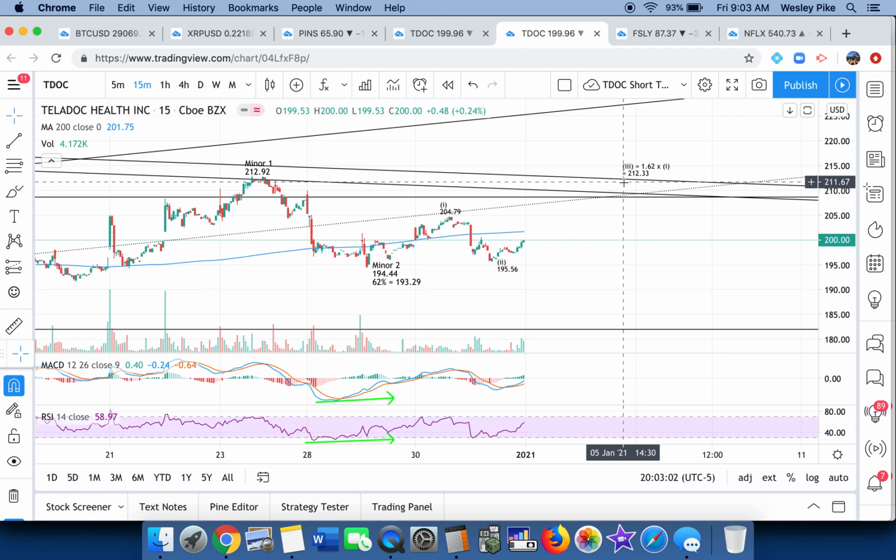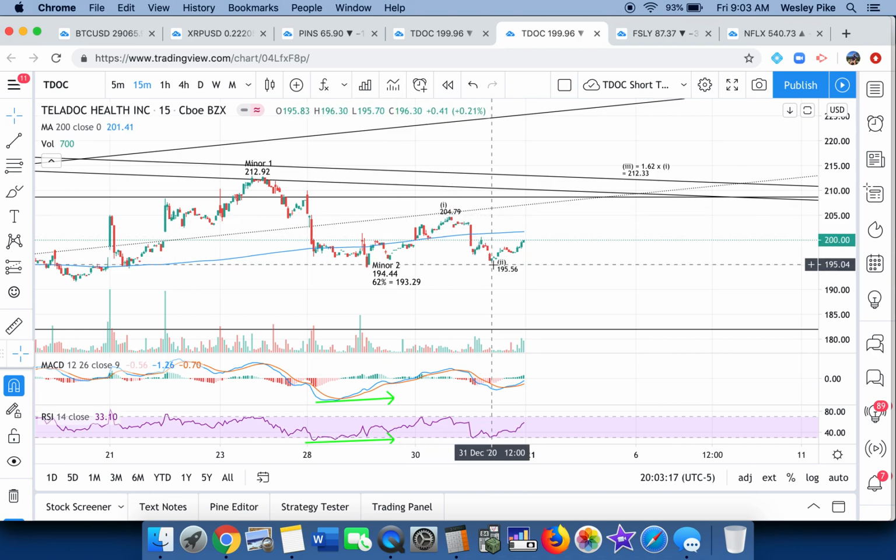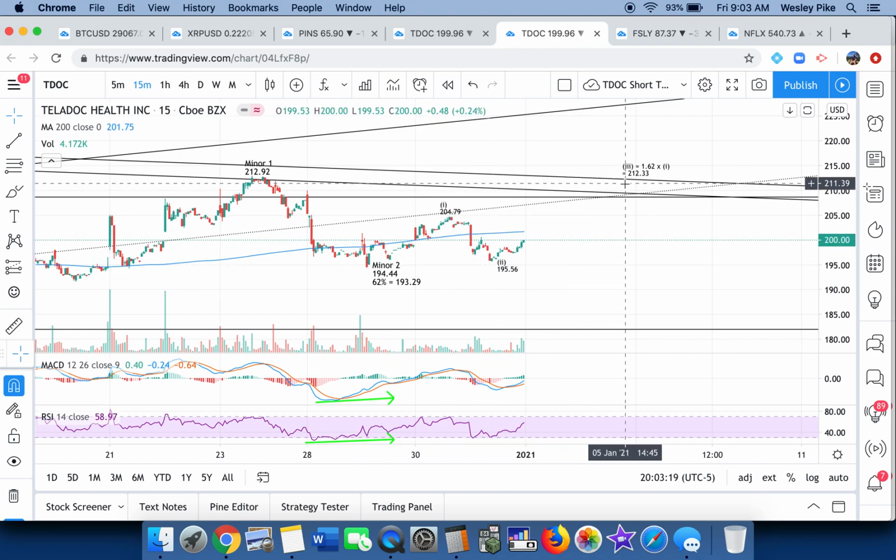But for swing trading, I do like playing front month or next month options. I was a little more aggressive here on TDOC and chose to buy January 15th, as I think those calls, if this really gets moving, could pay off over the course of, let's say, the next 5 to 8 trading days.